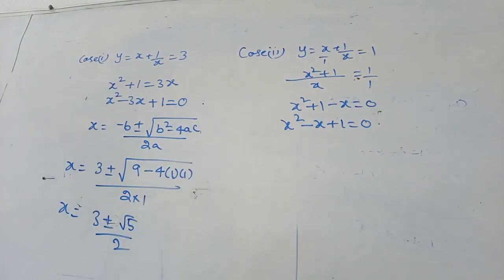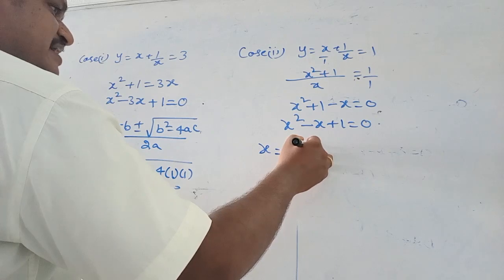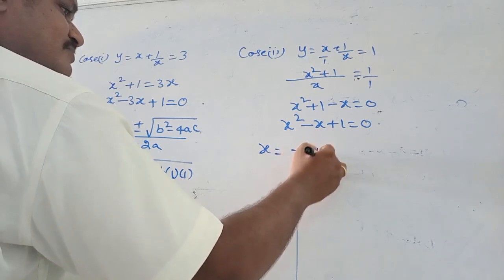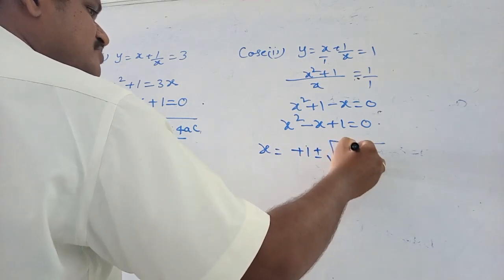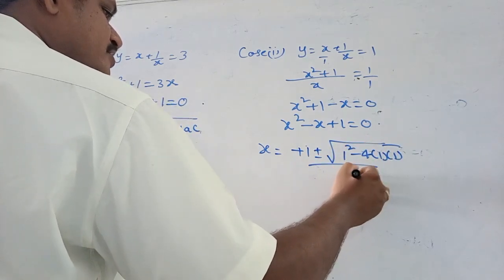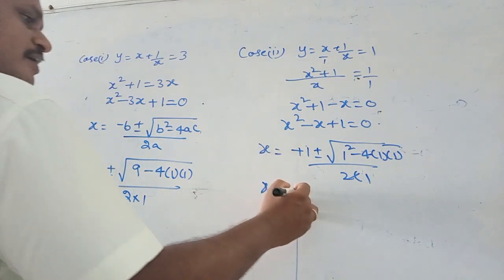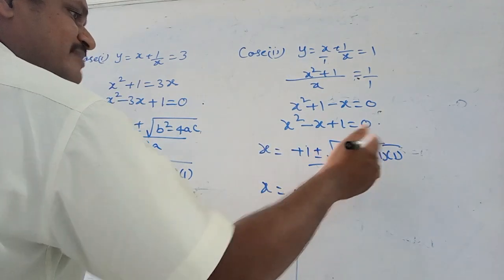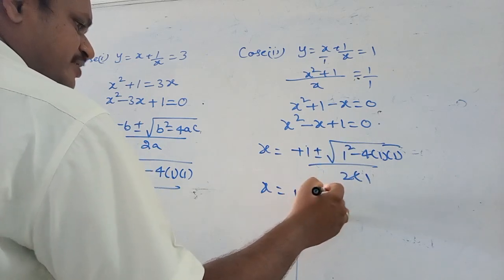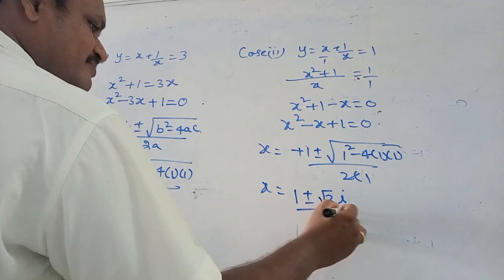You can solve this, my dear students, by using the same formula, minus b plus or minus square root of b square minus 4ac whole by 2a. That means we have 1 plus or minus square root of 1 minus 4, that is minus 3, which you can write as root 3 into i by 2.